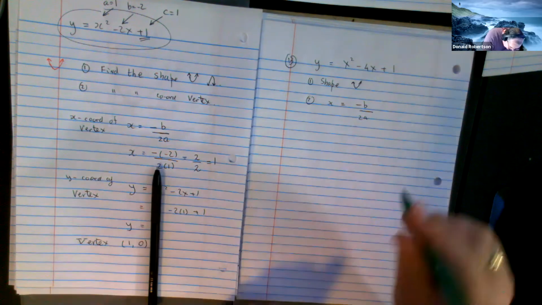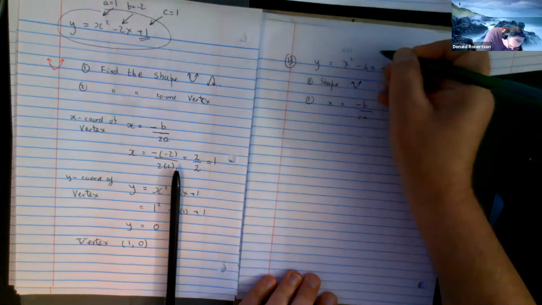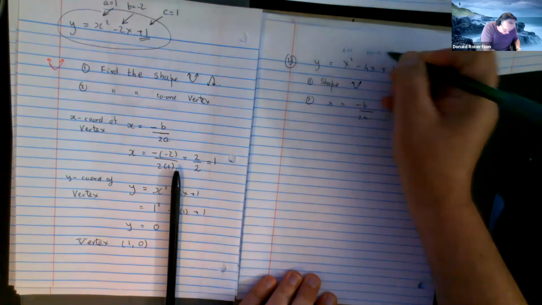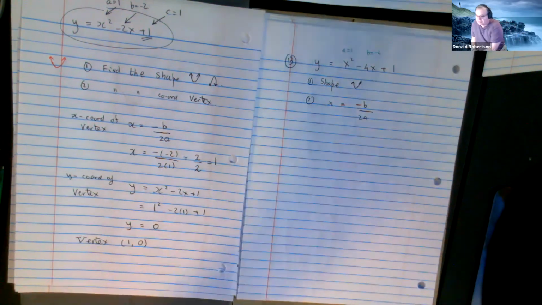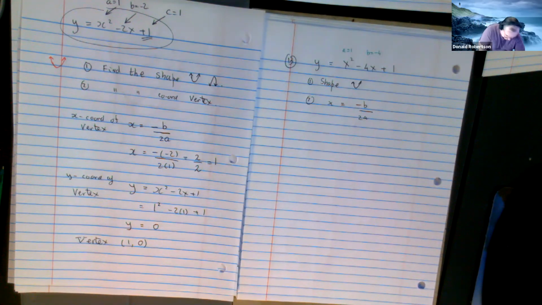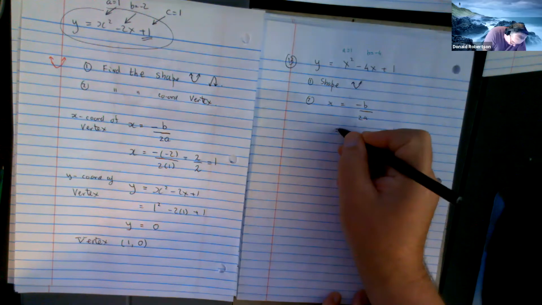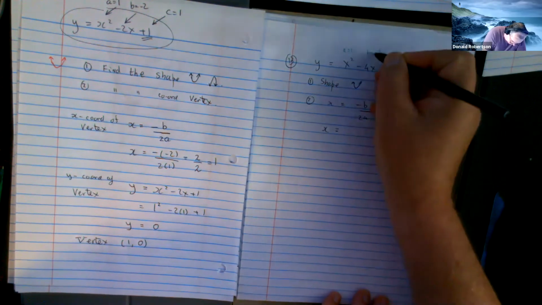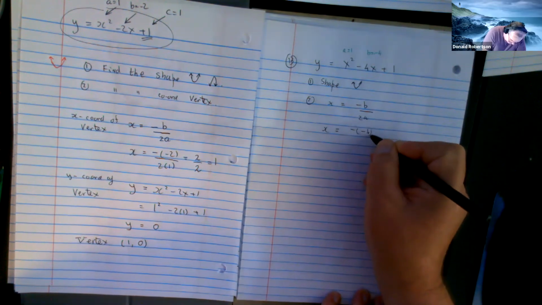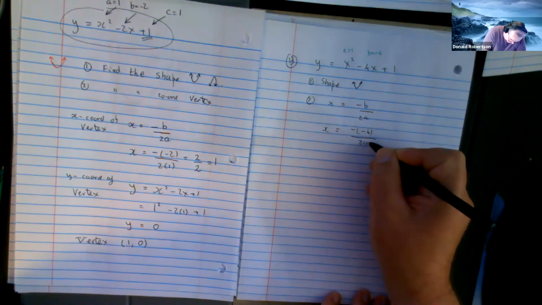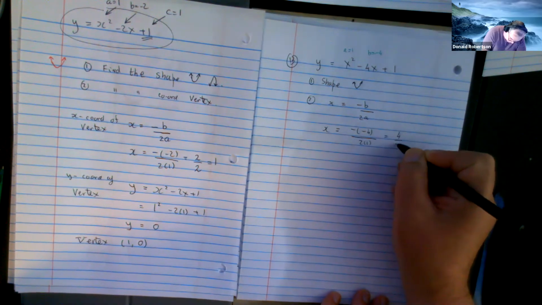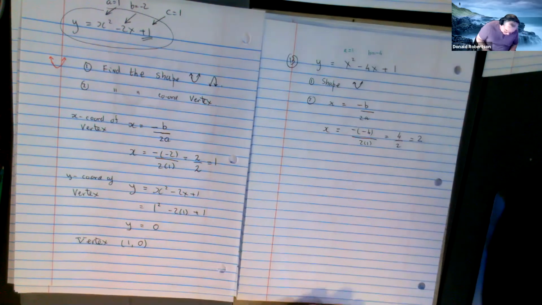Then A is 1 and B is negative 4. I'm not bothering to write the value of C down anymore because I don't use it. The x coordinate is the negative of that over 2 times 1, so positive 4 over 2. Yay, I get an x coordinate of 2.